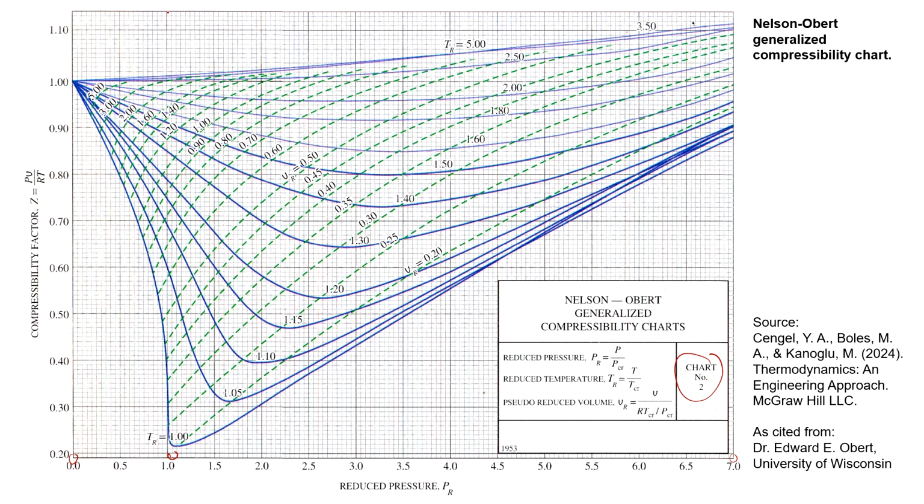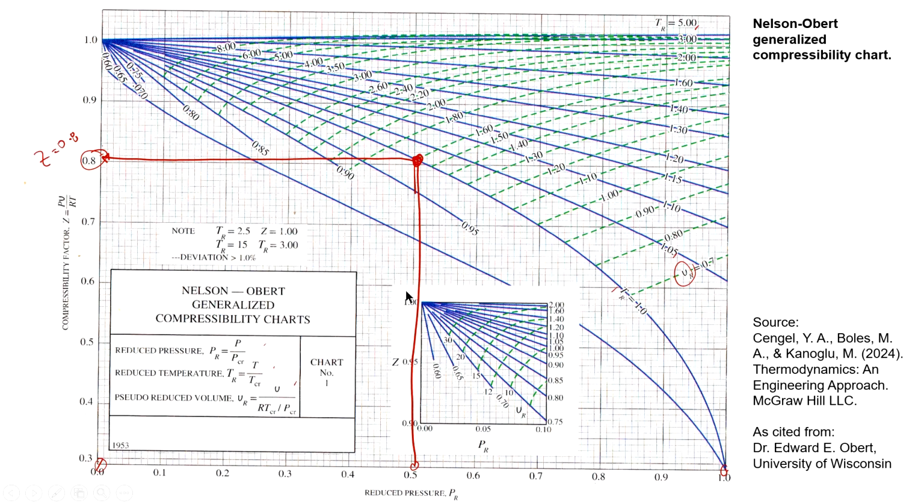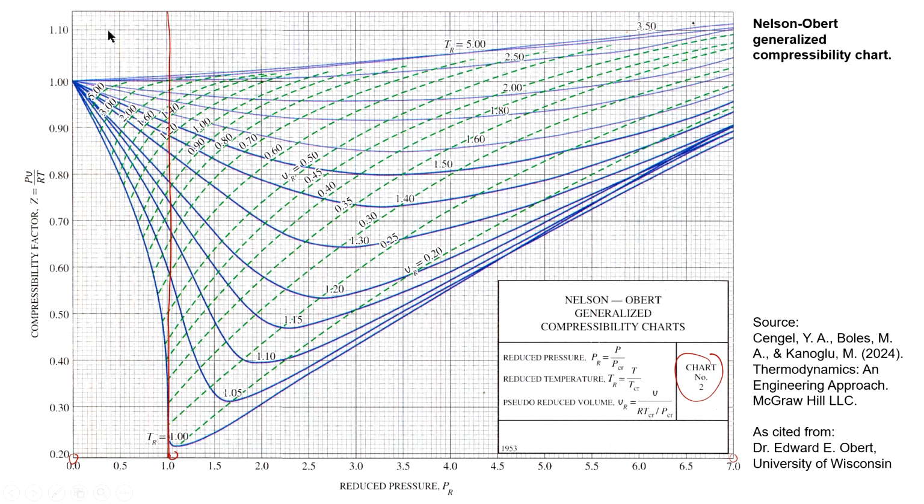That means chart number 1 is just somewhere right here, so it's like a zoomed-in view. You see here 1.0 and the compressibility factors from 0.3 to 1.0, so it's like zooming in into this chart.